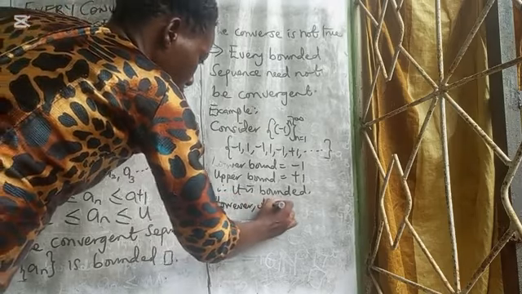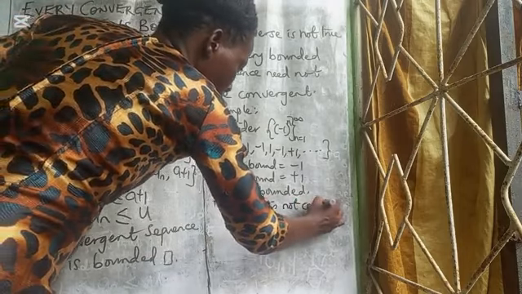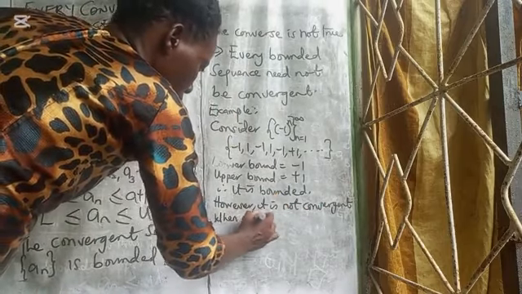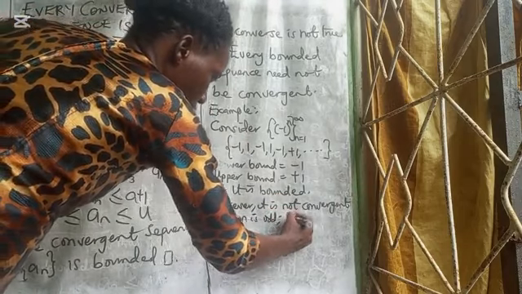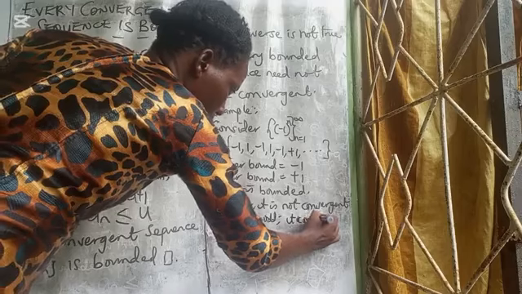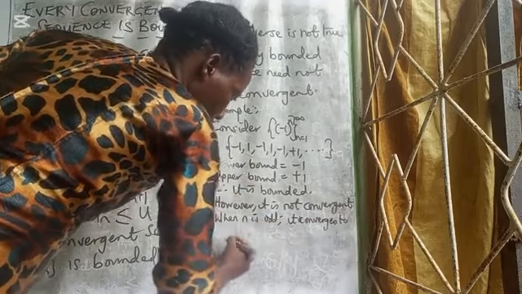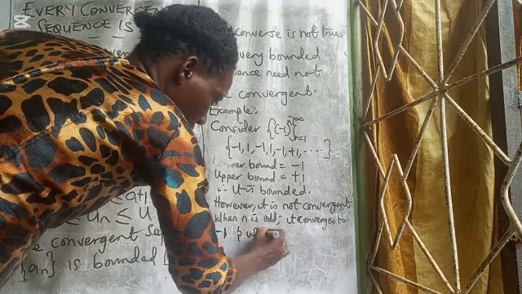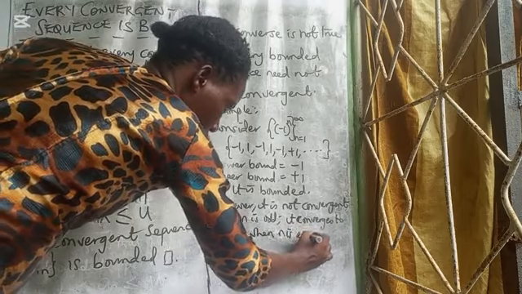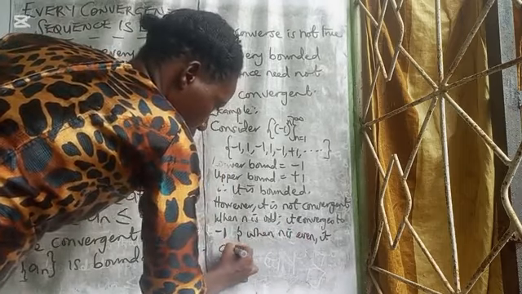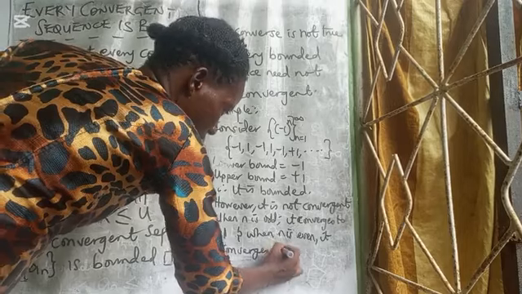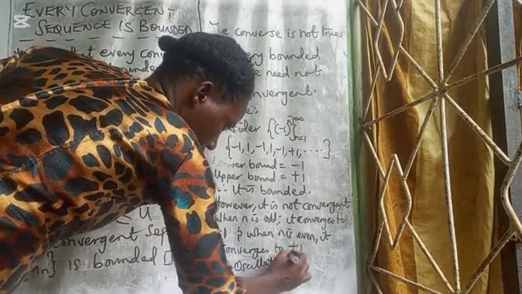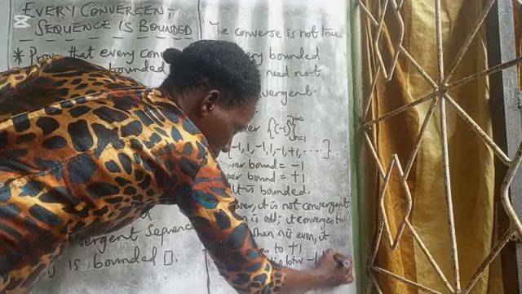However, this sequence is not convergent. Why? Because when n is odd, it converges to minus 1, and when n is even, it converges to plus 1, therefore oscillating between minus 1 and plus 1.